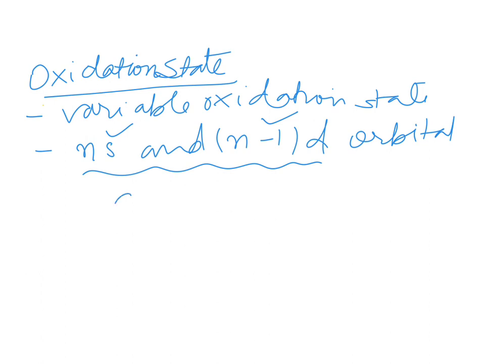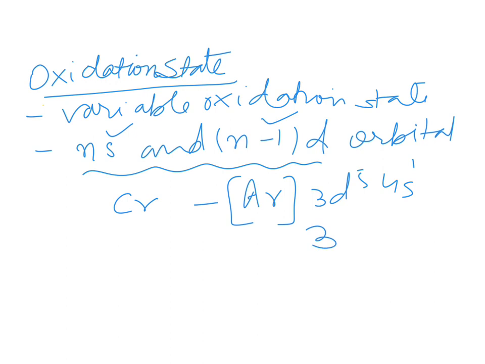For example, if you take chromium, its configuration is argon 3d5 4s1. So what you see is that 3d is almost equal in energy to 4s. So electrons from 4s can also go, and from 3d can also go, in the bond formation. So we have variable oxidation states.